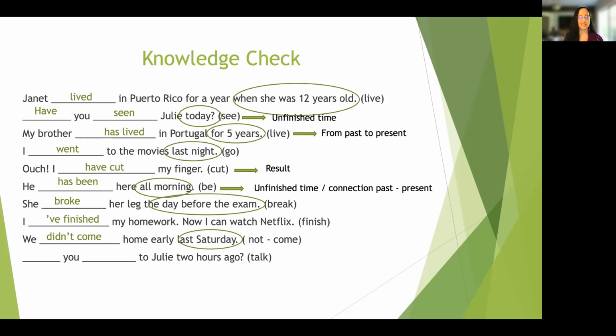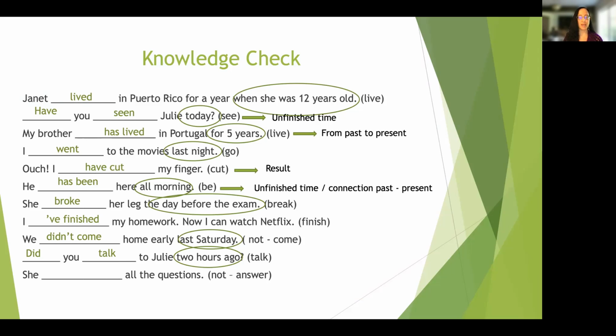How would we do this? I'm kind of giving this away because now we have 2 blanks. Remember, 2 hours ago, did you talk to Julie 2 hours ago? Okay, fantastic.